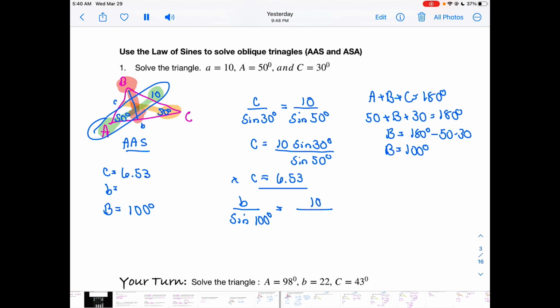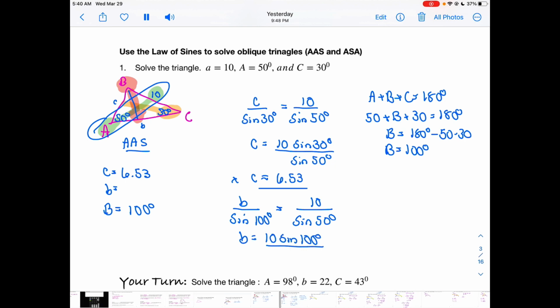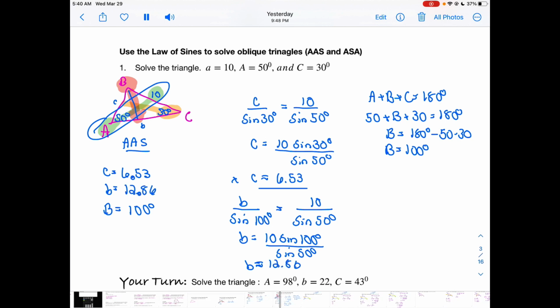So you always want to go back to the given information or the one that you did not round on. So that's the portion I would set it up equal to. Then I'll just solve this equation for b, punch this into my calculator, and end up that b is approximately 12.86. Now I've solved my first triangle using the law of sines.